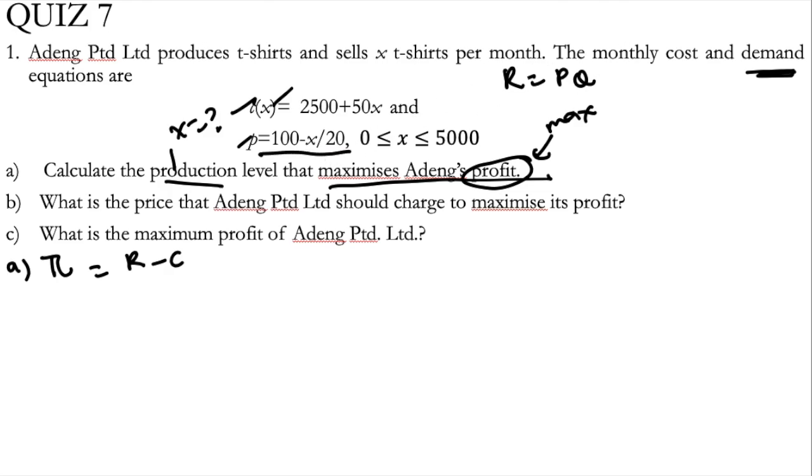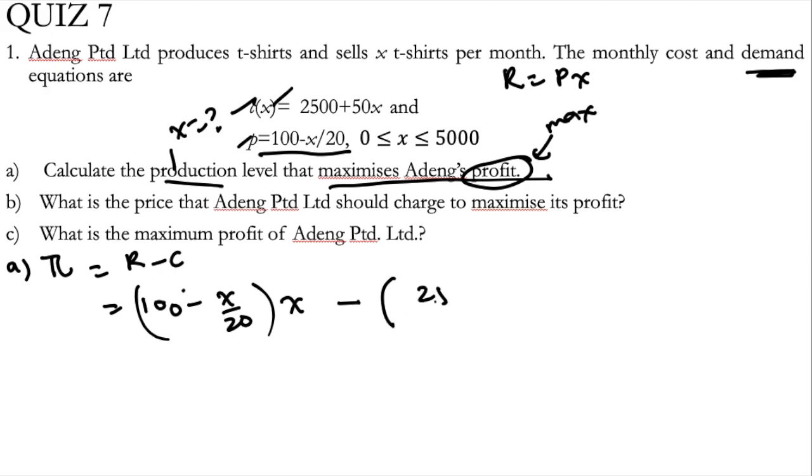So you just need to find price times quantity. In this case, quantity is not Q, quantity is X. Price times X. So here we can have the revenue function. Price, we have 100 minus X over 20 multiplied by quantity X. So here P times quantity minus cost. Be careful, look at what I do.